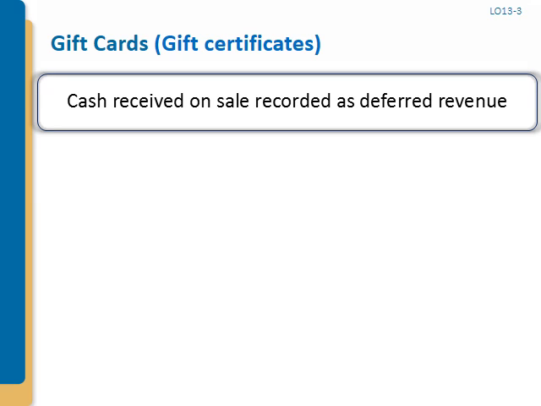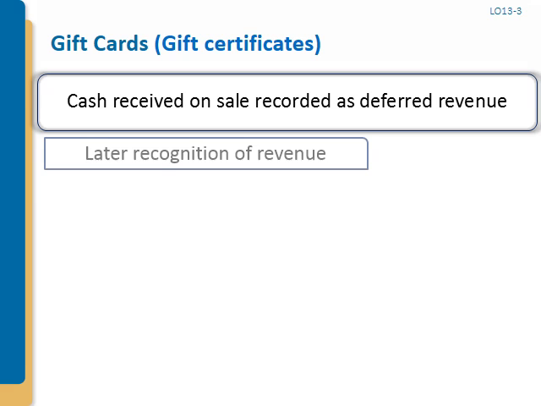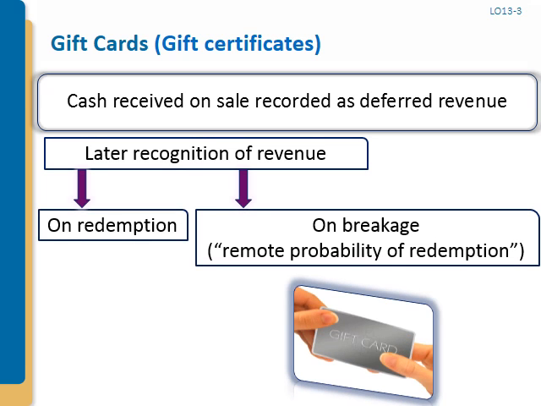Gift cards or gift certificates are particularly common forms of advance payments. When a company sells a gift card, it initially records the cash received as deferred revenue, then recognizes revenue either when the gift card is redeemed or when the probability of redemption is viewed as remote, which is called gift card breakage and is based on the company's experience.